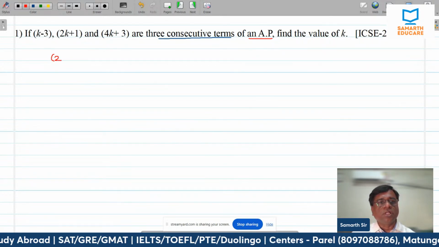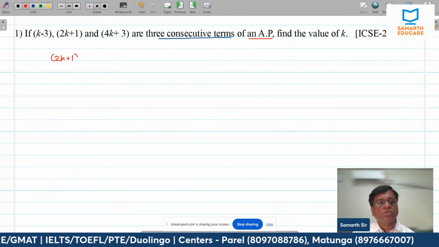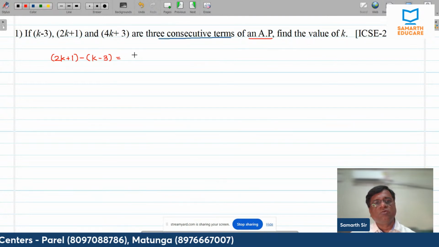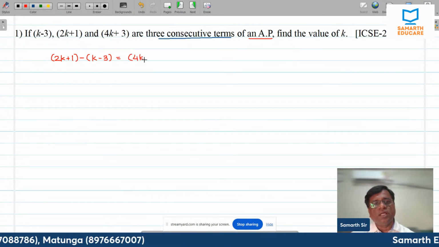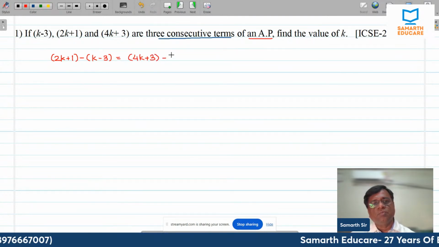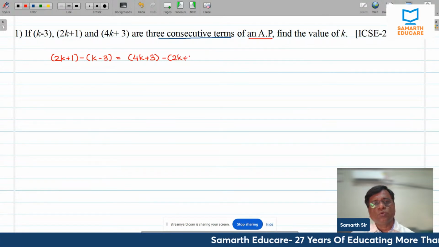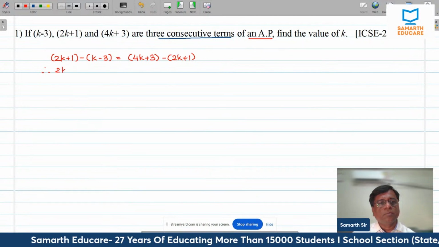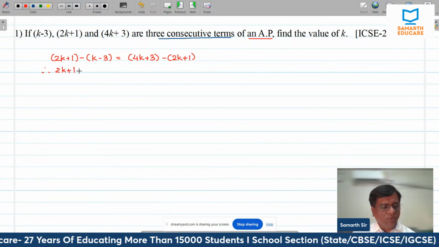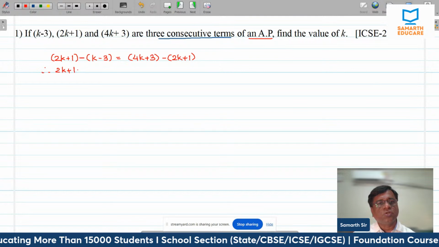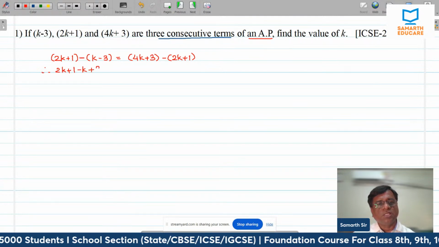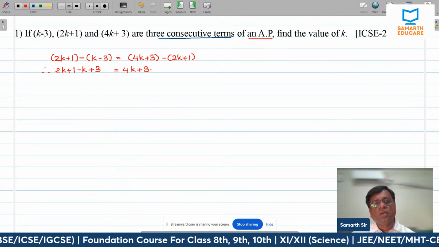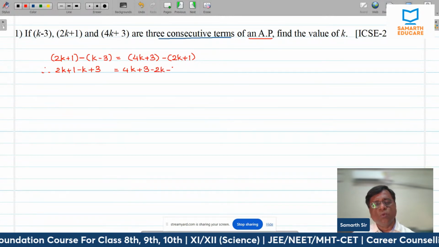So a term, that is 2k plus 1, minus the previous term, this difference is equal to the next term minus the previous term, that is 4k plus 3 minus (2k plus 1). If we simply solve this, 2k plus 1, if we open the bracket, there is a minus sign outside, so simple algebra, minus k plus 3. Here 4k plus 3 minus 2k minus 1.